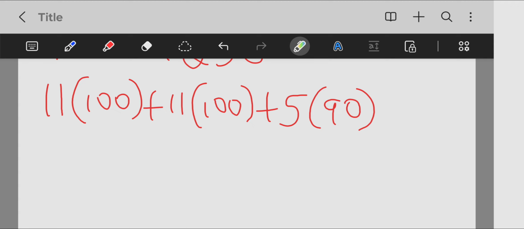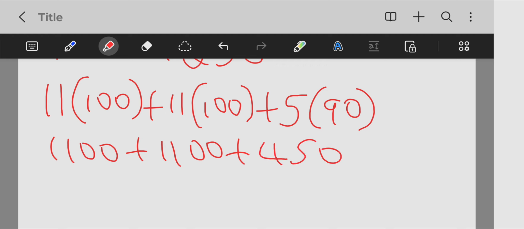Let's remove the brackets. We are going to have 1100 plus 1100 plus 450. Let's add this together. 2200 plus 450. We are going to have 2650.